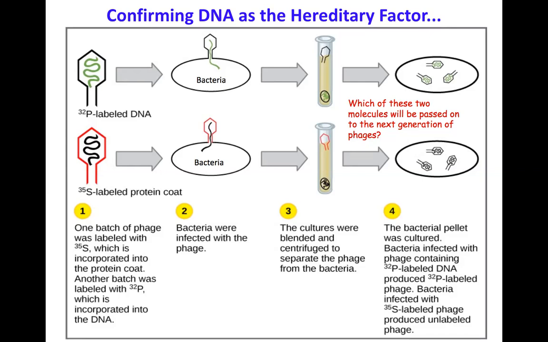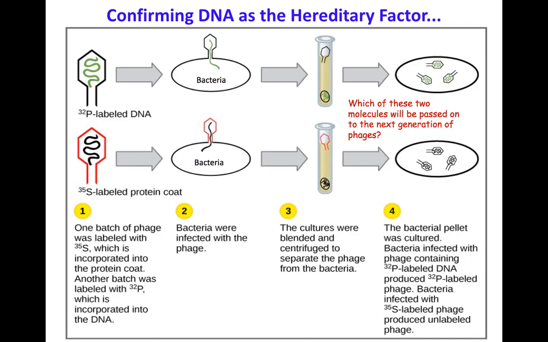Now, if you take a look at the example for the phage on the bottom, the scientists labeled this with a sulfur 35. Let me just clarify one thing, both of these molecules, the phosphorus 32 and the sulfur 35, are actually radioactive isotopes. The reason why they chose sulfur 35 is because the amino acid coat right here contains sulfur.